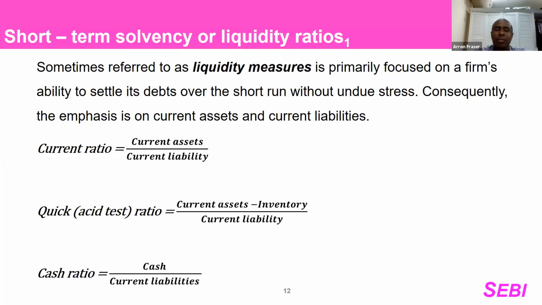If you look closely, it has the same components as working capital, except that working capital is current assets minus current liabilities. But they are generally focused on the same objective, and that's whether or not a company can meet its current liabilities.